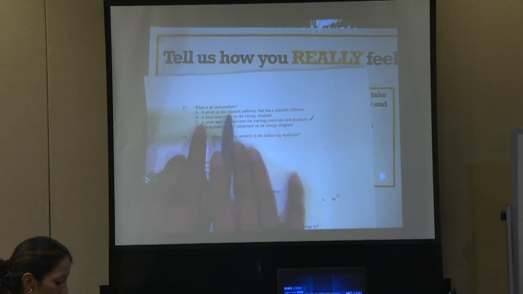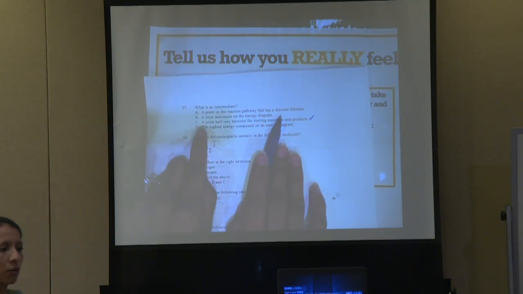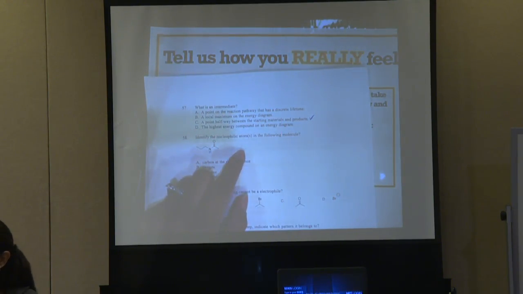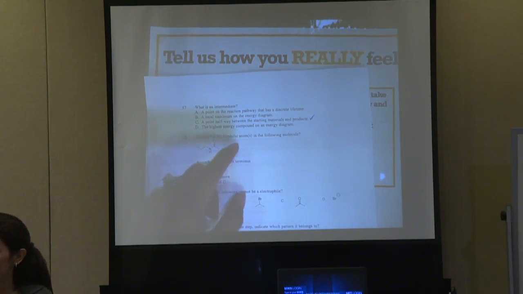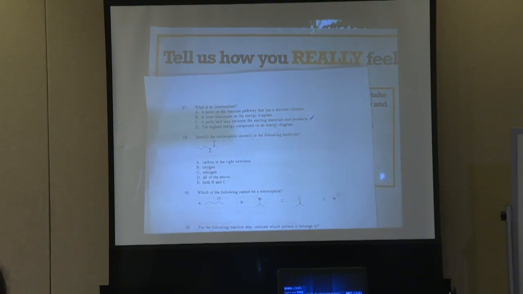So a point on the reaction pathway that has a discrete lifetime. Is that true? It could be A? Can it? It actually exists a little bit, right? With an intermediate, that's why in SN1 and E1 we can even have rearrangement because we actually form a carbocation. It's not like in an SN2 and an E2 where it's all happening at the same time. So like the intermediate is not actually forming because as you're doing the attack, something is leaving.